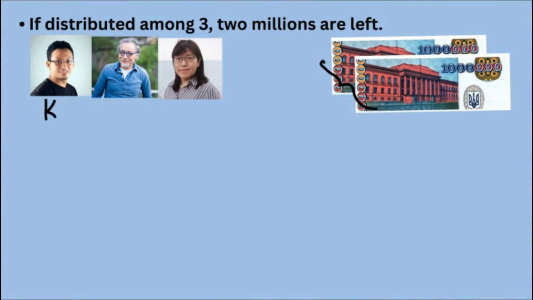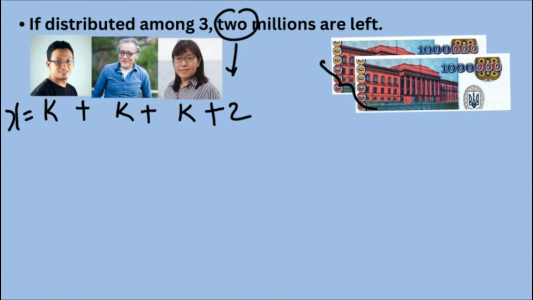Suppose the first one gets k millions, the second one also gets the same, the third one also gets the same. So after they get k million each, 2 millions will be left. Plus 2 gives you the value of x. So adding all the like terms, k plus k plus k is 3k, plus 2 is the value of x.